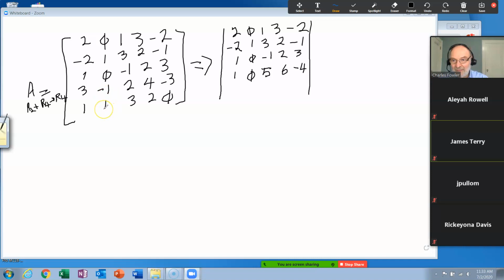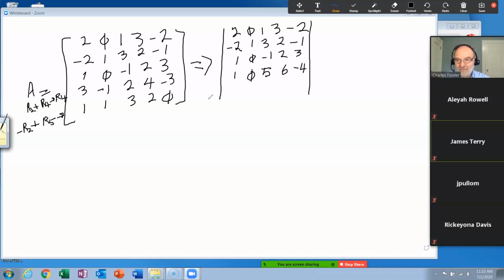How do we make that happen? Minus row 2 plus row 5 becomes the new row 5. It's hard to write. Okay, so subtract or negate row 2 and add it to row 5.